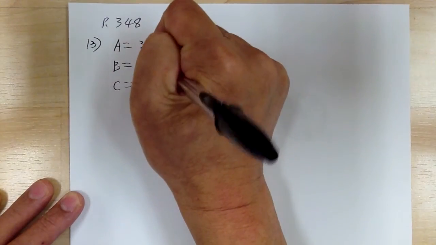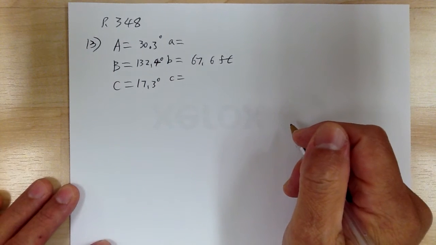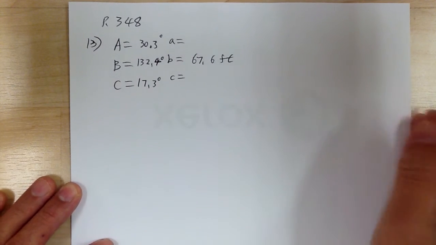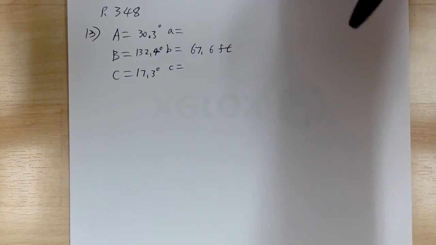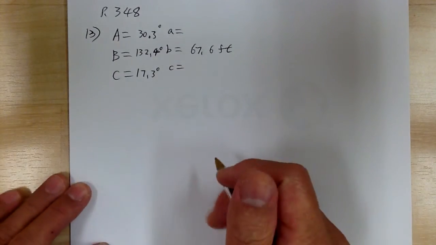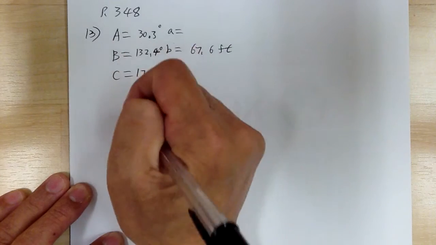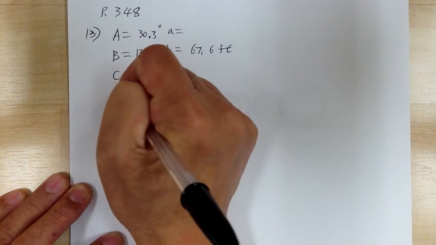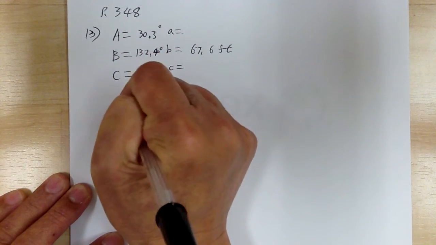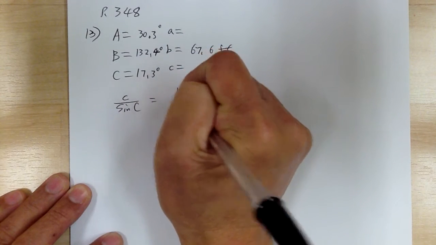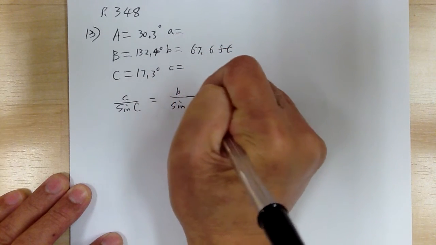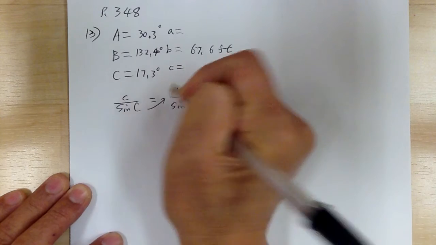After that, to find the length, you can use the law of sine. When you use the law of sine to get the length, you don't have to worry about the second case. So let's go ahead and find A and C. And so c over sine C equal to b over sine B, and you move this over.